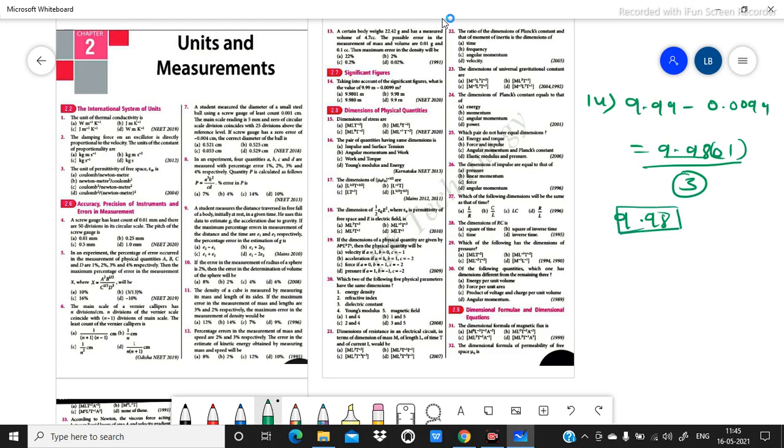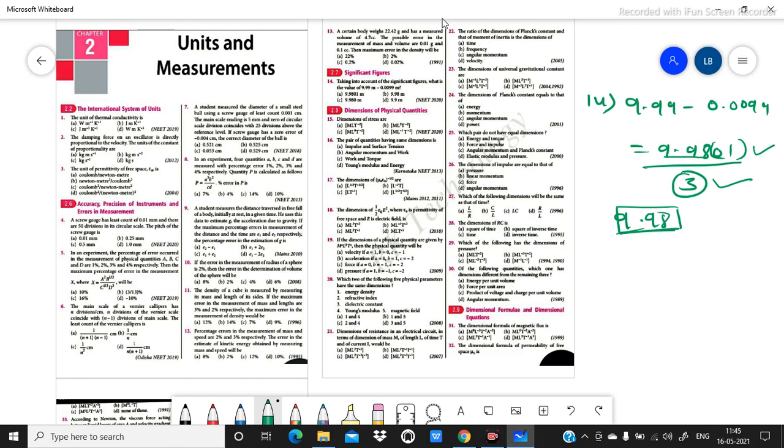Because you have to take into account the significant figures here. I have taken 3, so the value is coming like this, but I have to take this. Okay, so the correct answer will be 9.98.